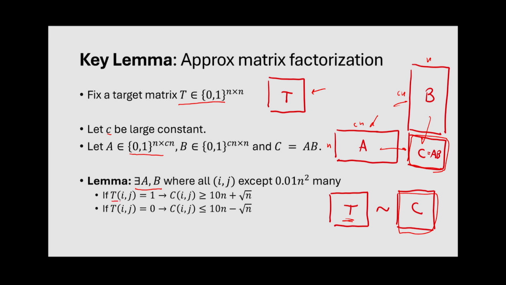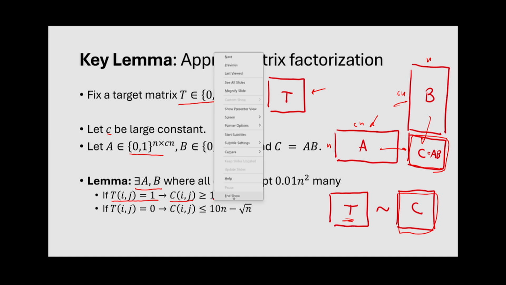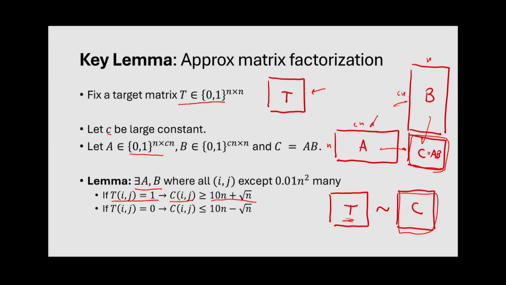If an entry of T is 1, then the corresponding entry of the product is going to be big, bigger than some threshold Tn plus some gap root n. And if the entry ij of T is 0, then the entry of the product is going to be small too, less than the threshold minus some gap root n. This is going to be true for basically all entries except this 1%.